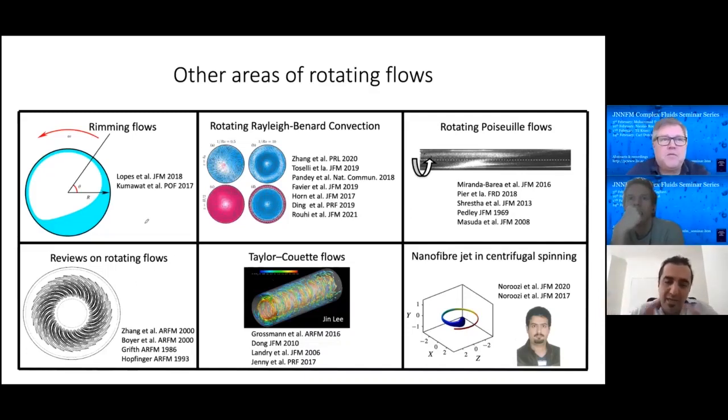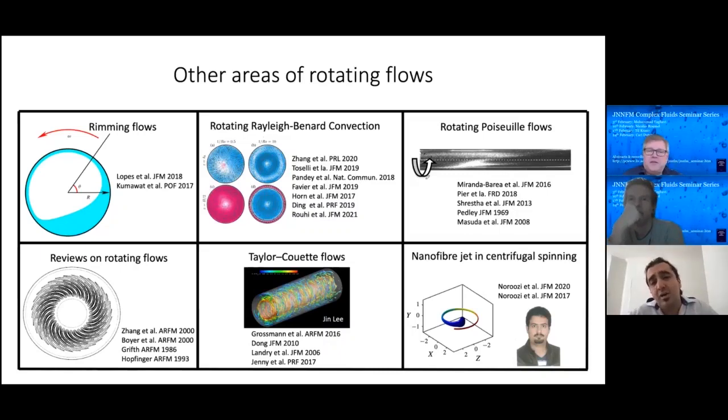So mainly for limited and confined flows, there are some interesting works in reaming flows, which is a thin layer rotating in a cylinder.